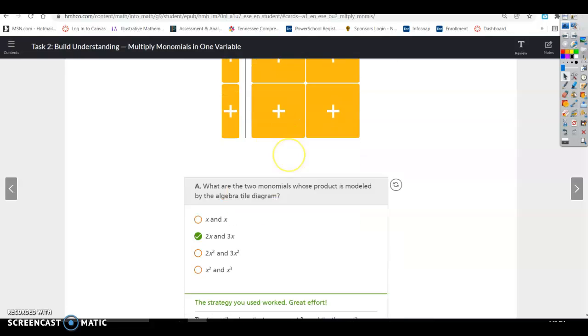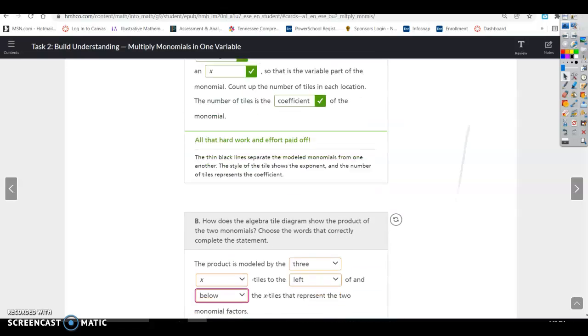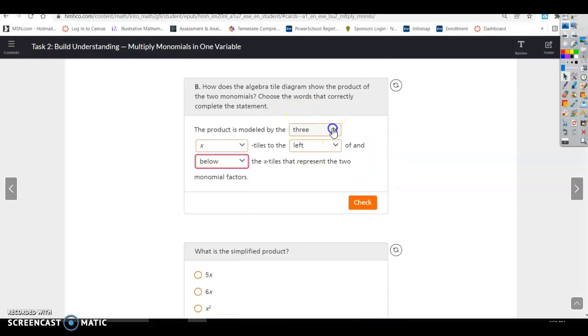So let's see. So that's 6x squared tiles to the left of and below the x tiles that represent the two monomial factors.